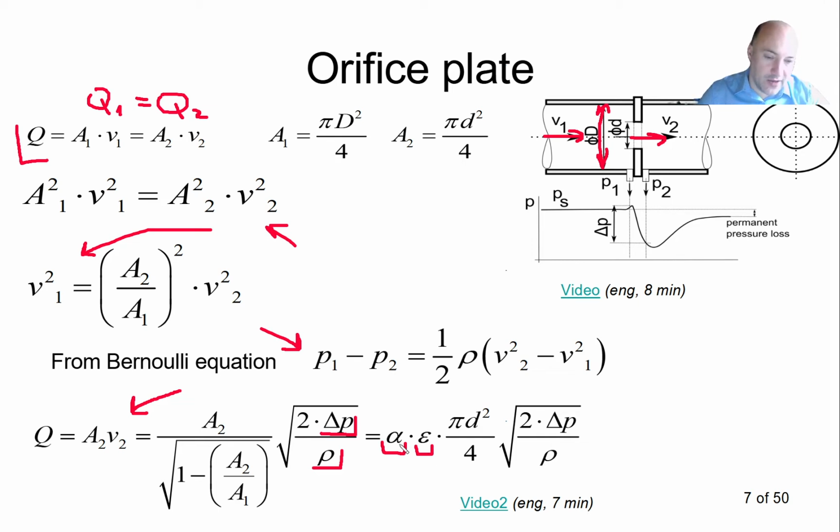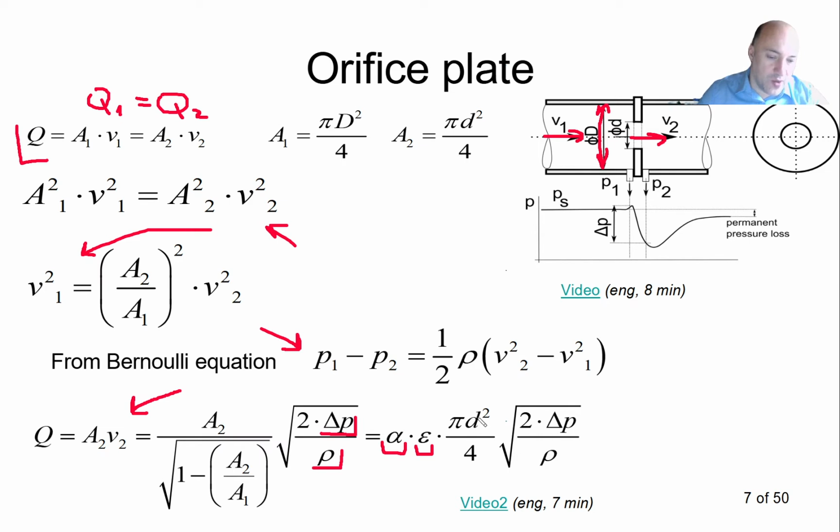Now the coefficient alpha will hide the geometrical properties, and the coefficient epsilon will hide the properties of the liquid, except the density, because this also depends on whether you have a gas or a liquid. In other words, whether your fluid can be compressed or not. And that's the role of the coefficient epsilon that we have here. And the rest is telling us what the geometry is.